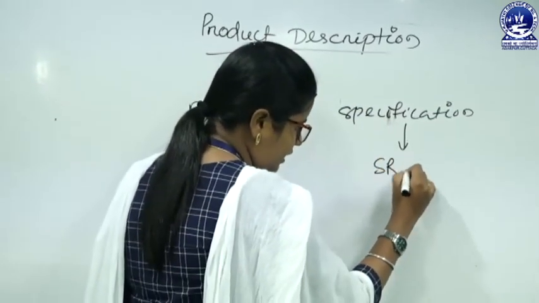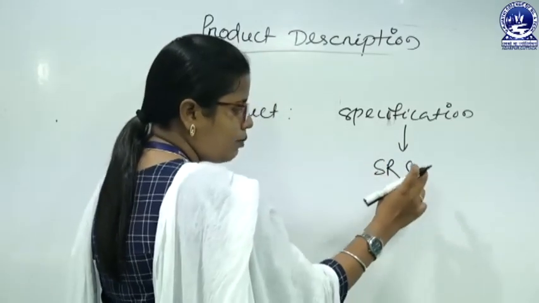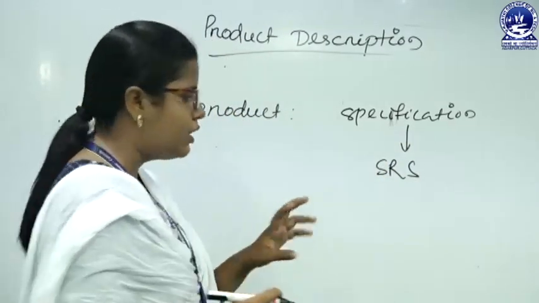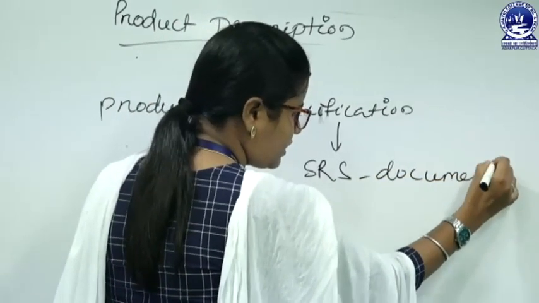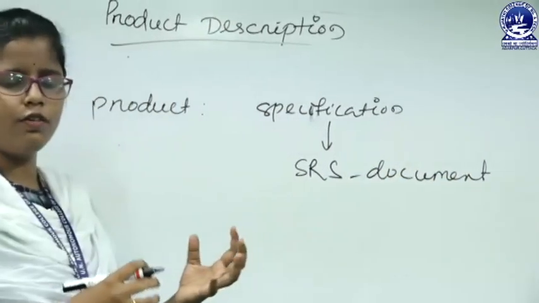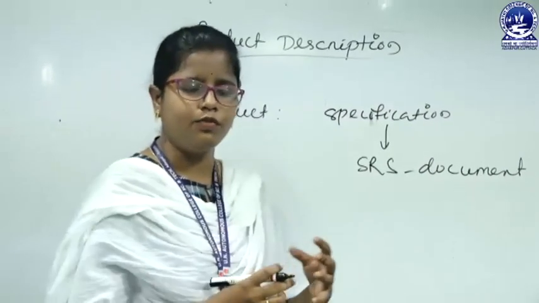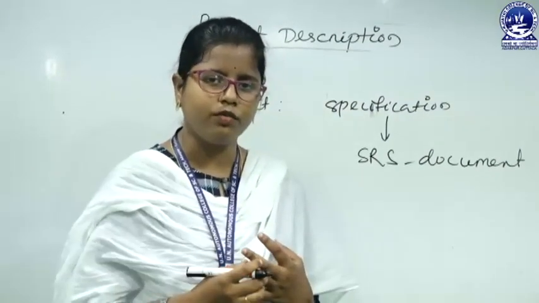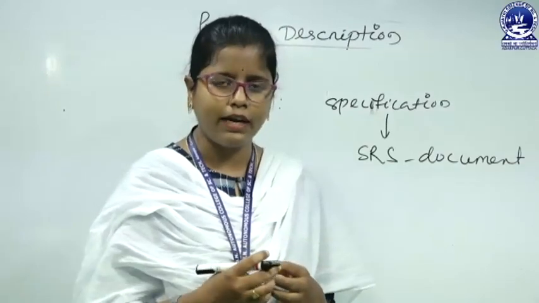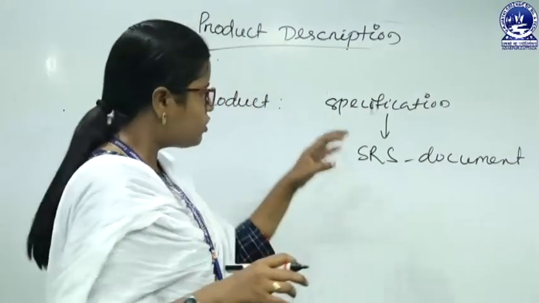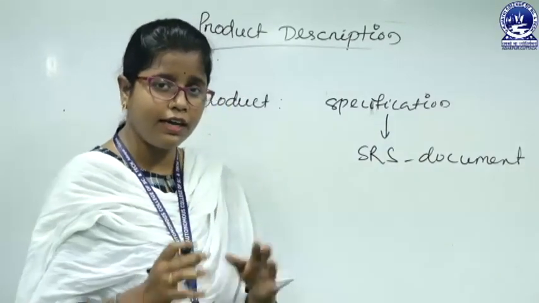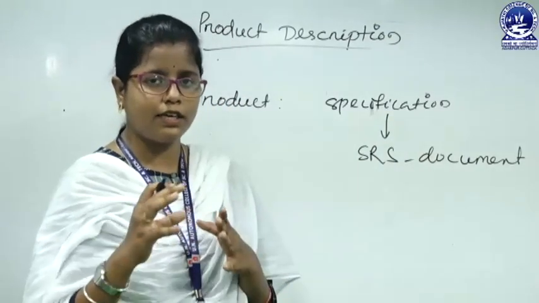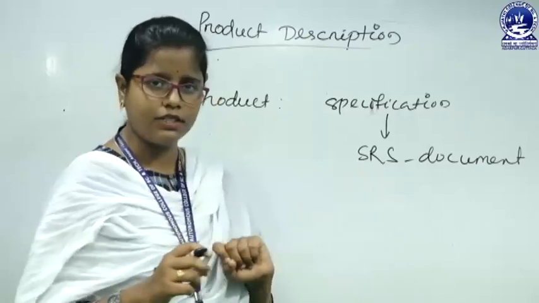That is the SRS, software requirement specification document. This is actually a big document where we are going to define what are the functionalities, what are the services that are going to be provided by our software product. So, the outcome of the specification phase is SRS. So, we have to define the product of the specification phase is the SRS document.